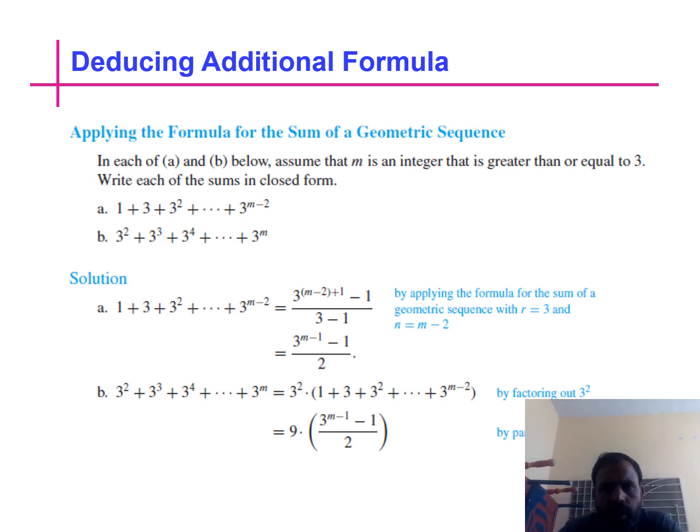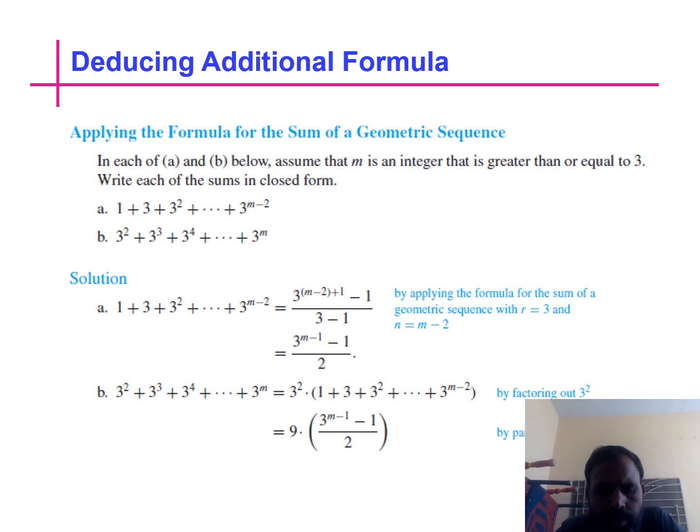Now we discuss reducing the additional formula, applying the formula for the sum of a geometric sequence in each of the parts A and B. Below, assume that m is an integer greater than or equal to 3. Write each of the sums in closed form. Part A: 3^2 plus up to 3^(m-2).